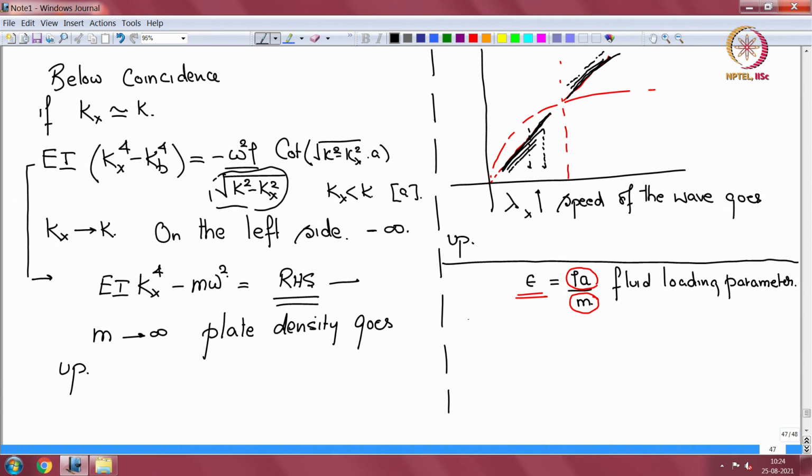This entire derivation on this structural acoustic waveguide can be found in this paper.